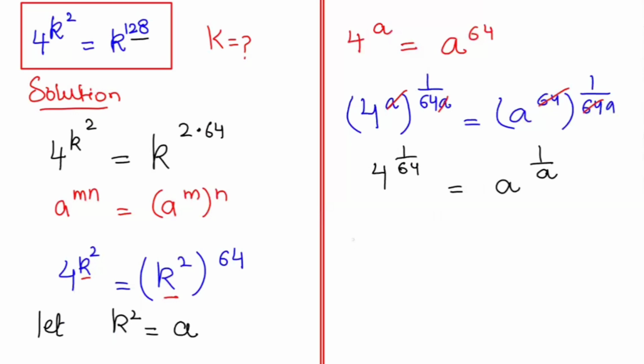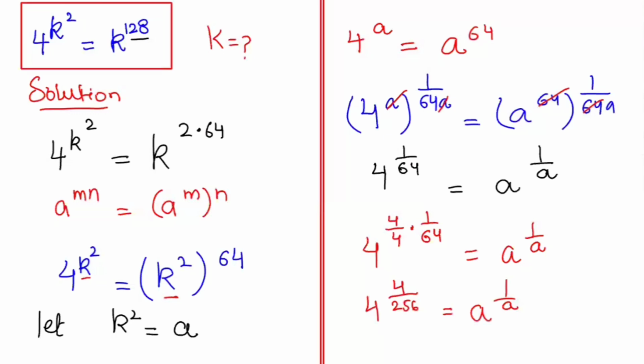Now we're going to express this by writing 4^(4/4) times 1/64 = a^(1/a). Now I'm going to multiply the powers here. So 4 to the power of 4 over 4 times 64 gives us 256, so 4^(4/256) = a^(1/a).